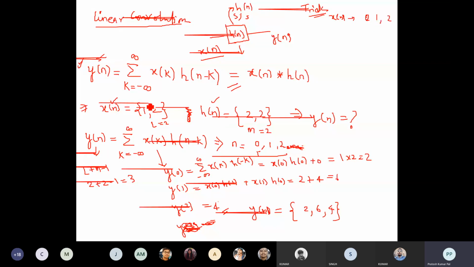Similarly we write h of n: 2 and 2. Then we do a simple multiplication: 2 2 is 4, 2 1 is 2, 2 2 is 4, 2 1 is 2. So the direct multiplication gives 4, 6 and 2. This result and the earlier result are the same.